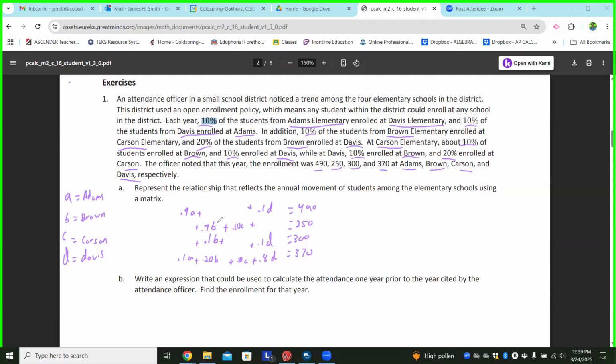That second sentence is killing me. So, okay, 10% of students went to Brown, 10% went to Davis. Got that. Now we go, while at Davis, so now we're at Davis Elementary, 10% enrolled at Brown. Oh, okay, so this would be 0.10 over here. So 10% of Davis went to Brown, 20% enrolled to Carson.